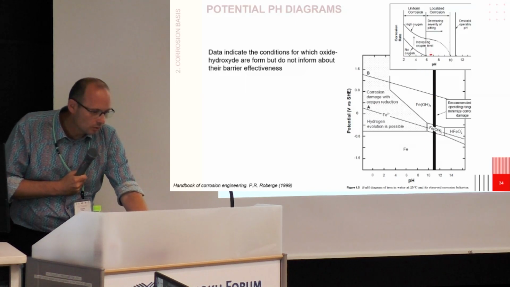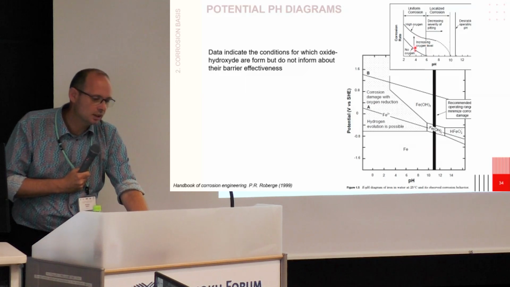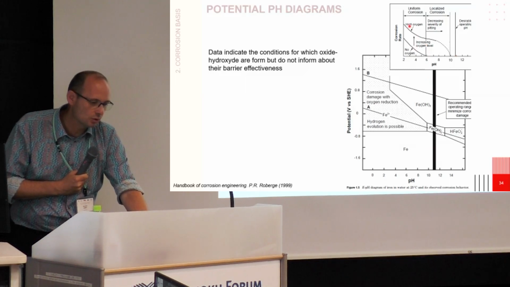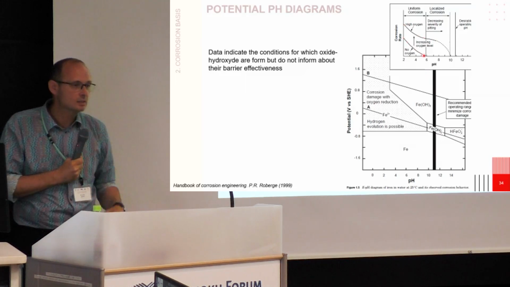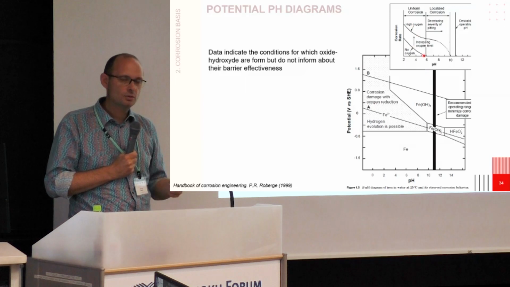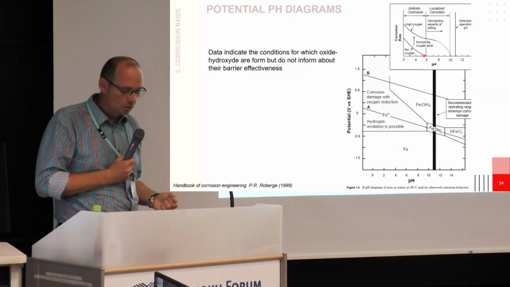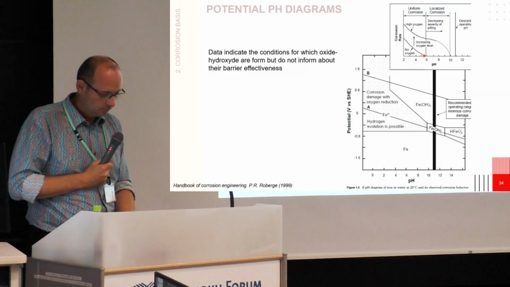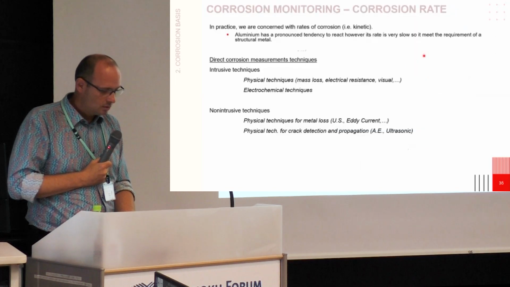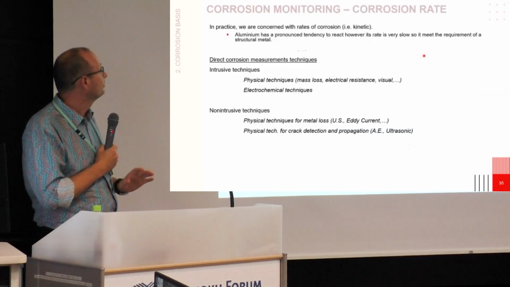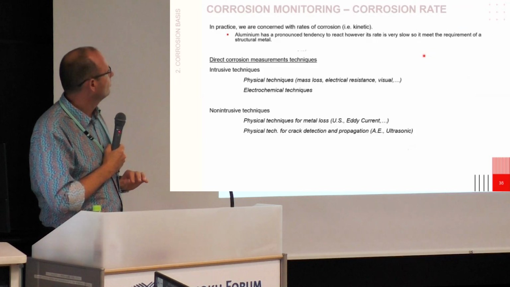If you change the quantity of oxygen according to the pH of the solution, the corrosion rate of the material will change. That means that you have a lot of factors to think about in corrosion. So usually it makes you crazy at the end.